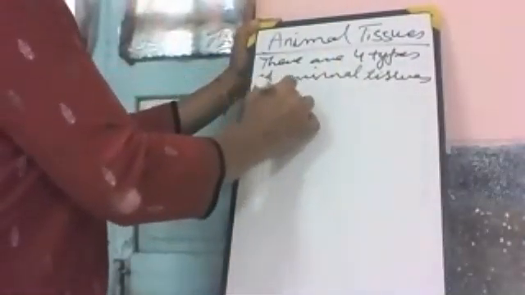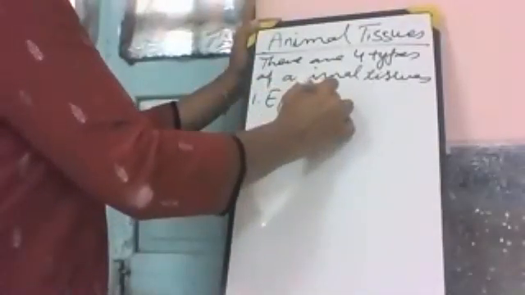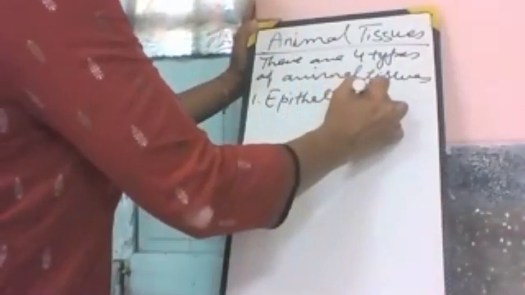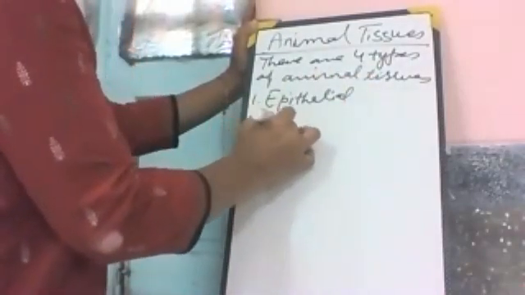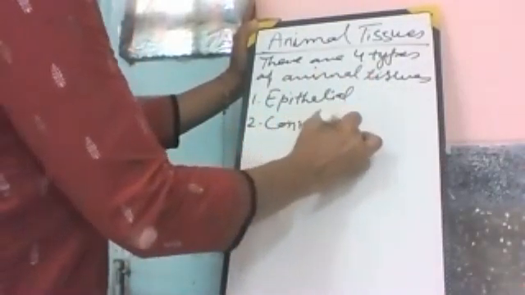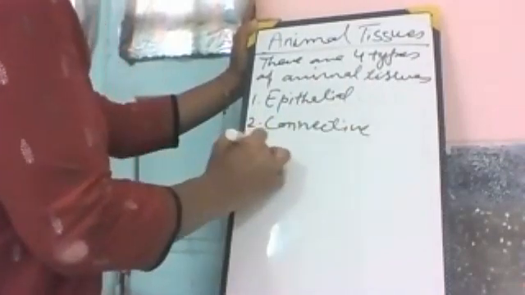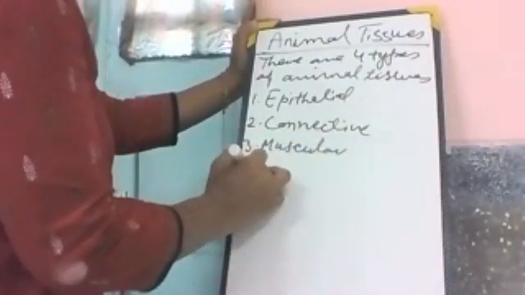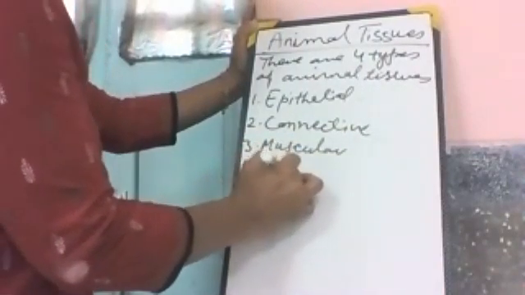Epithelial tissue, then connective tissue, muscular tissue, and last is nervous tissue.